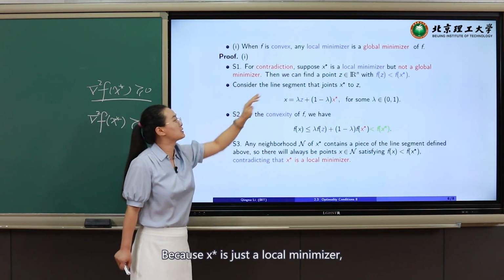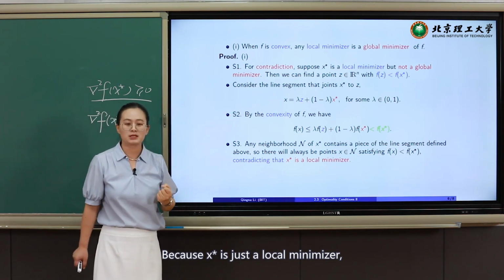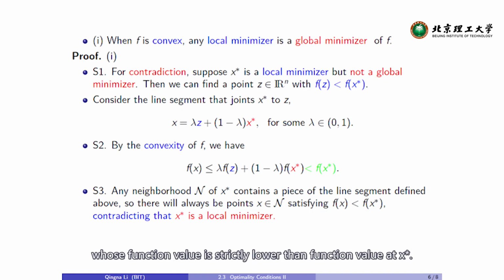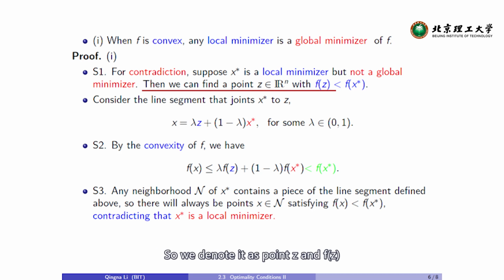Because x star is just a local minimizer, there must exist another point whose function value is strictly lower than the function value at x star. We denote it as point z, and f of z is strictly smaller than f of x star.